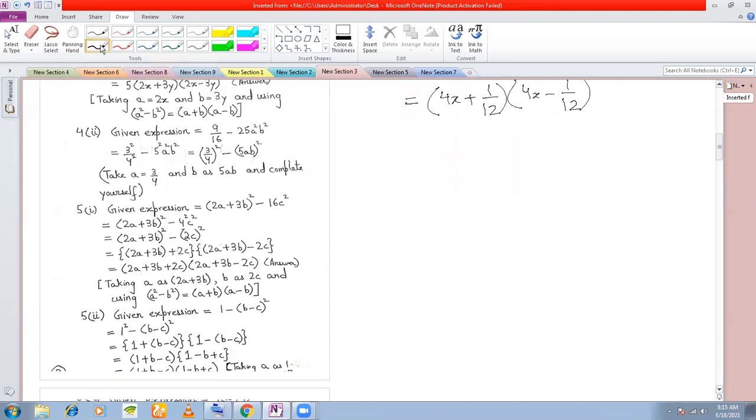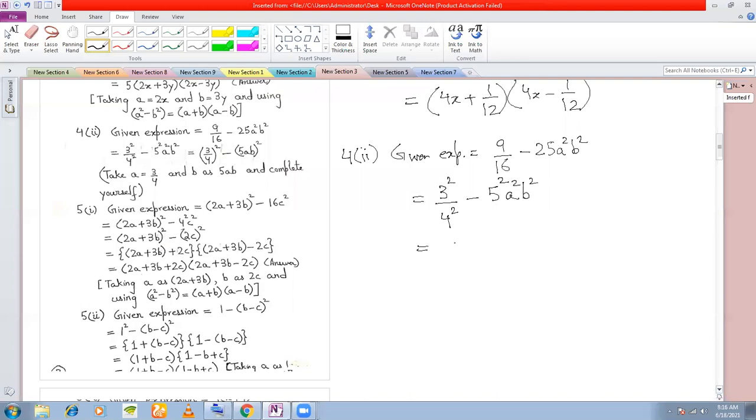4, 2. Given expression here is 9 by 16 minus 25 a square b square. See that 9 is a perfect square, can be written as 3 square, and 16 is also a perfect square, can be written as 4 square, minus 25 a square b square. 25 is also a perfect square, can be written as 5 square. Okay.